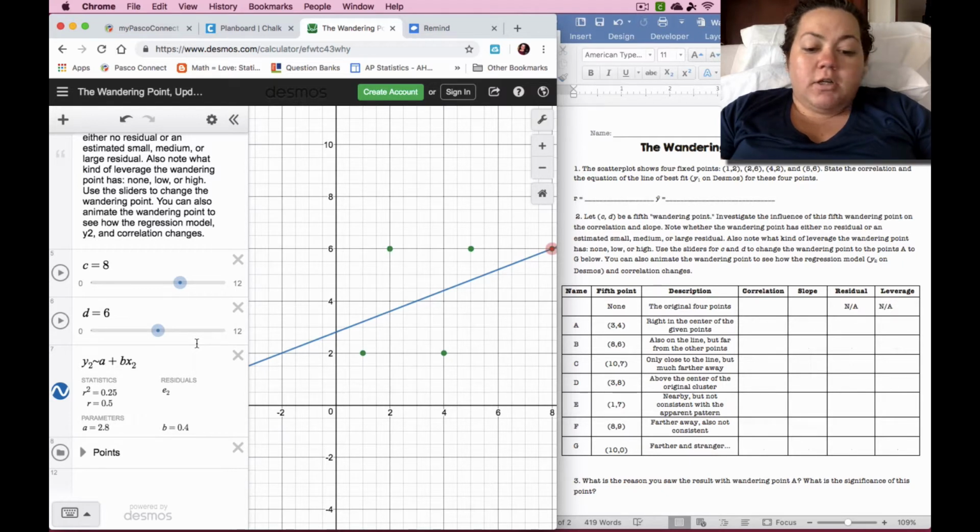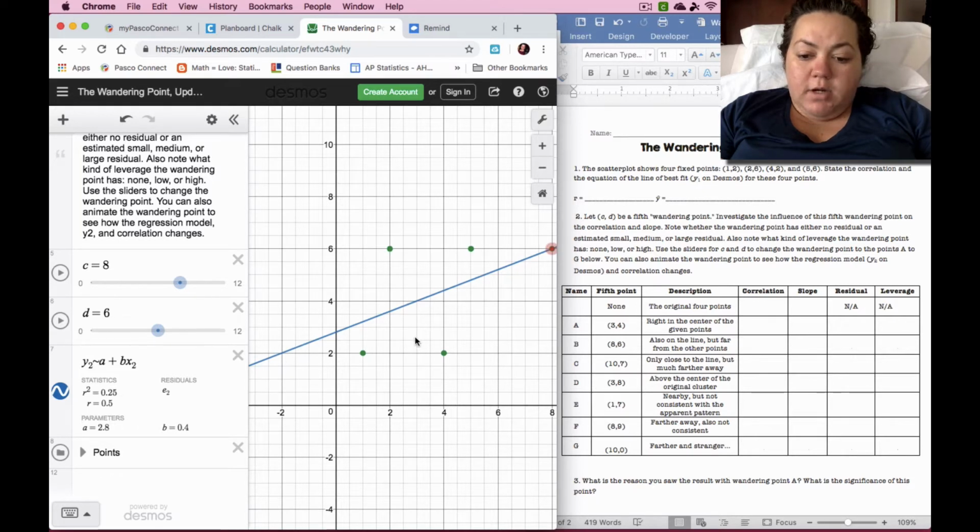Doesn't change my slope actually, 0.4. So my slope is still the same. My residual would be my actual minus my predicted. Well, again, this point is also on the line, but far from the other points. So it's still on my line of best fit, so my residual would be 0. And since it's not changing the slope, it's not a leverage point.